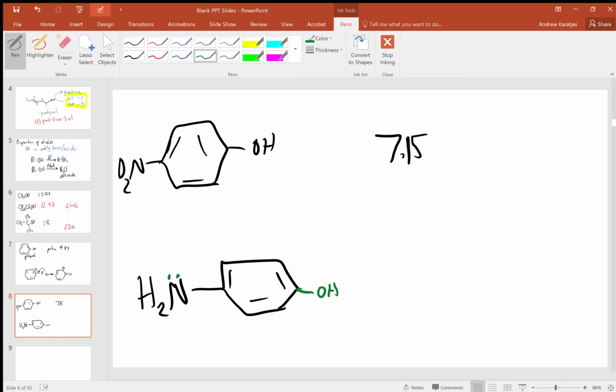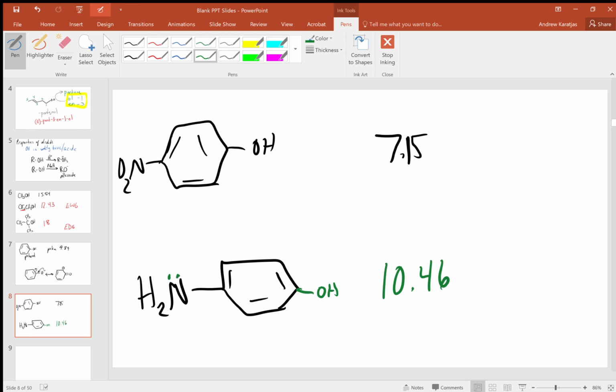As we've learned and talked about many times in the past, in general, resonance is a stronger effect than induction. And so the resonance, or the electron donating effect, ends up being the dominant effect here. And so putting the nitro group gave us a better acid, but putting the donating group gives us a worse acid.